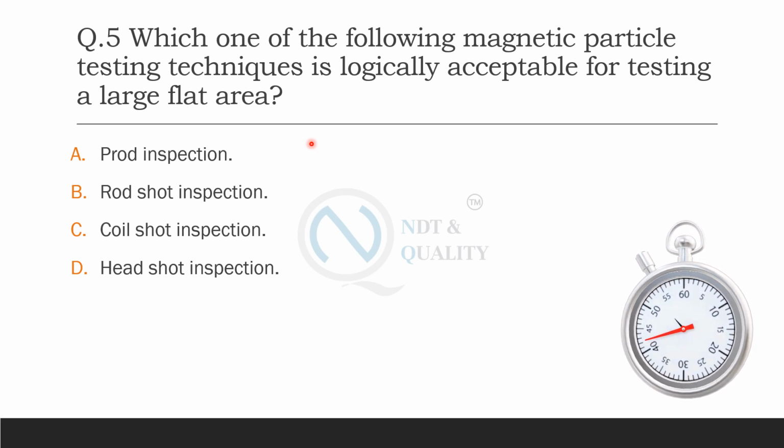Here, we have a test part which is large in size with a flat area. We can assume it will be a long plate. If we want to inspect a big plate, what will be used? Prod, rod, coil shot, or head shot inspection?